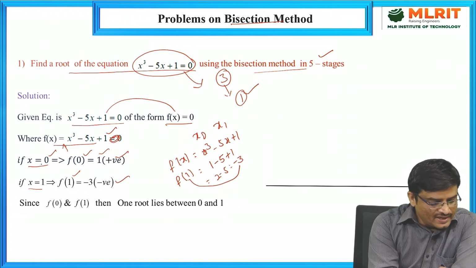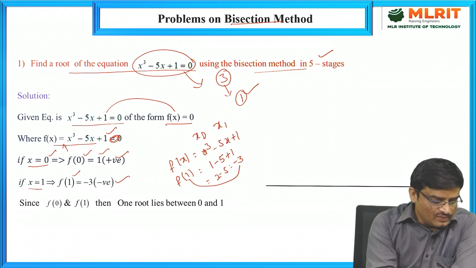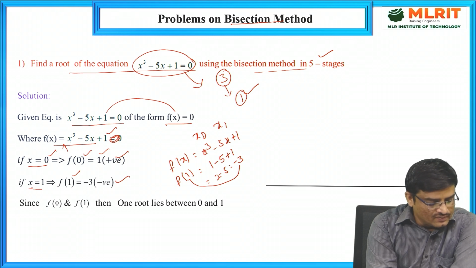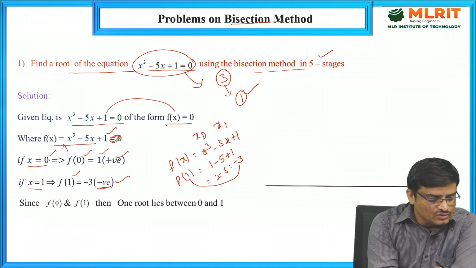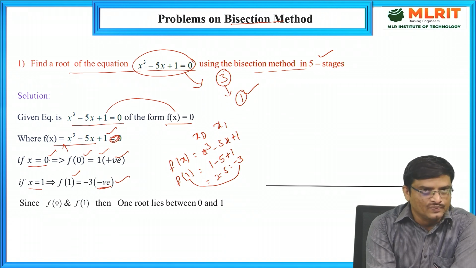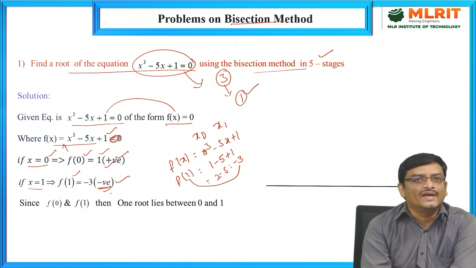So when we take x is equal to 0, we got f of 0 with a positive sign. When we take the next successive number, x is equal to 1, we got f of 1 with a negative sign. So for x is equal to 0 and x is equal to 1, their function values have opposite signs. f of 0 is positive and f of 1 is a negative value here.